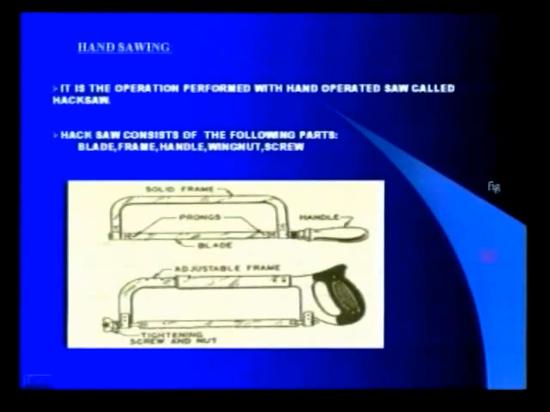While sawing, the work must be firmly held in the vise and cutting should be started by keeping the blade slightly inclined. To obtain a clean cut, a notch is provided on the edge with a file.